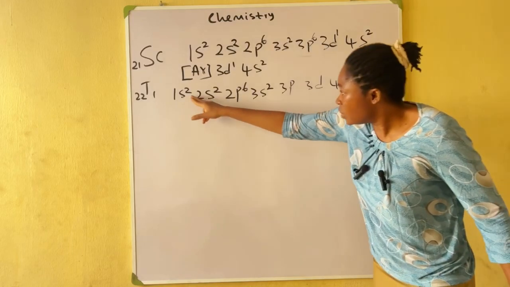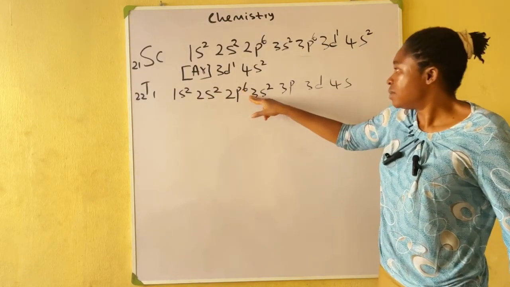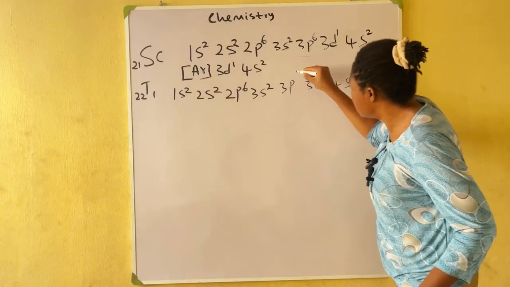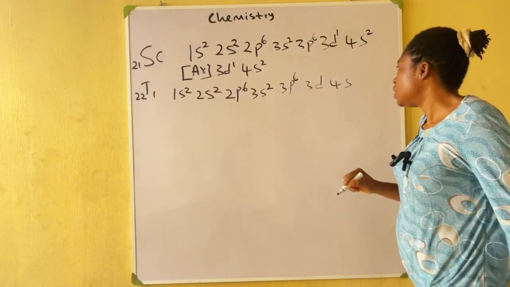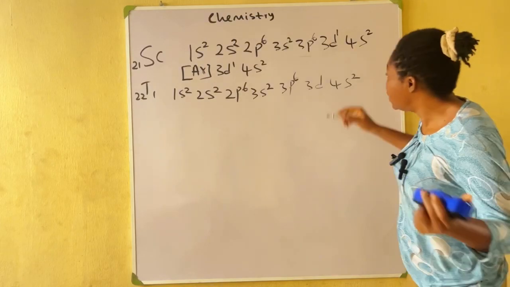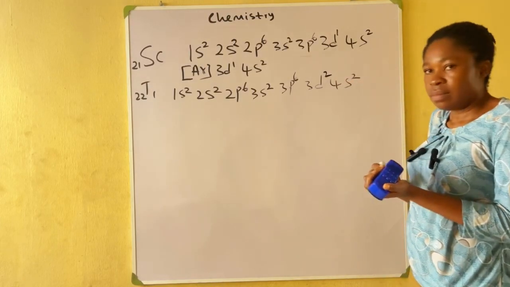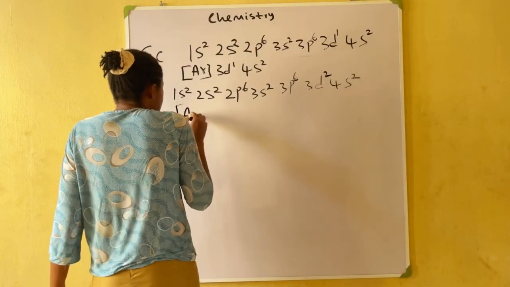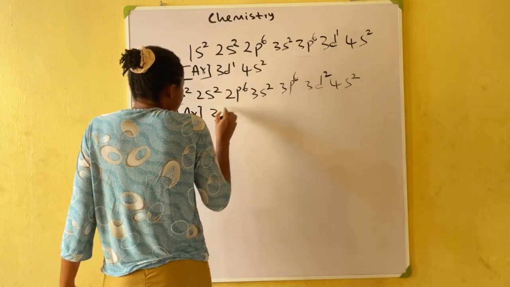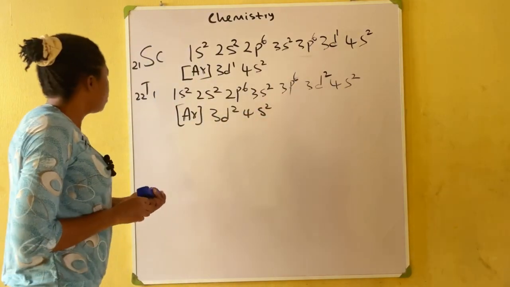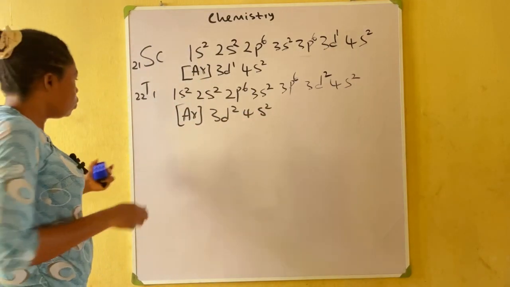I'm going to assign 2 here, 6. That is 10. 2 here, that's 12. I put 6, that's 18. Plus 2, that is 20. The remaining 2 will go to 3d, making it 22. In condensed form, argon 3d2, 4s2. So scandium, titanium. Next one is vanadium.